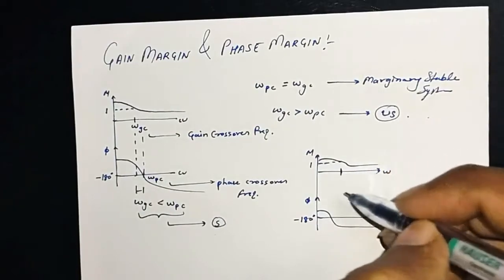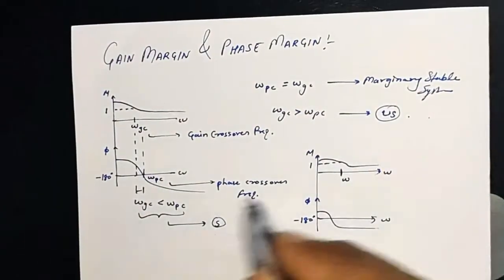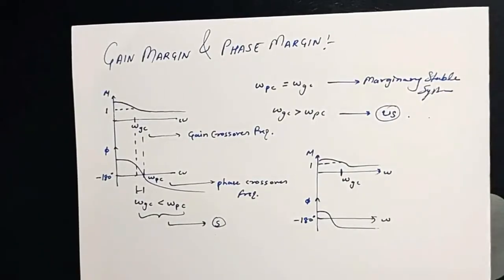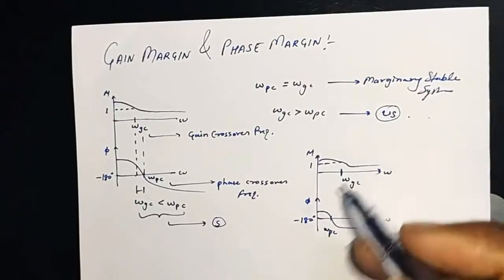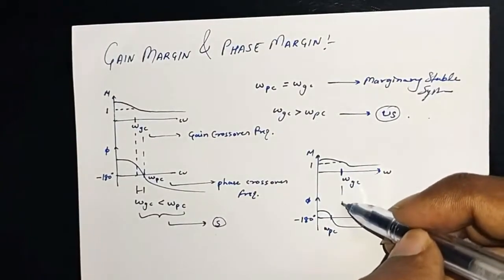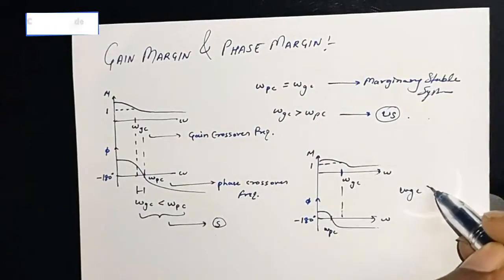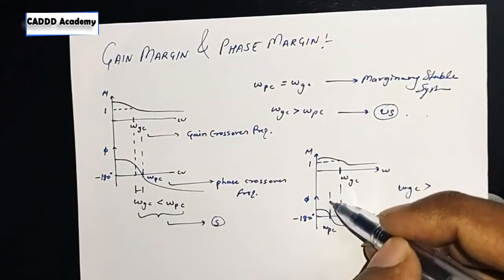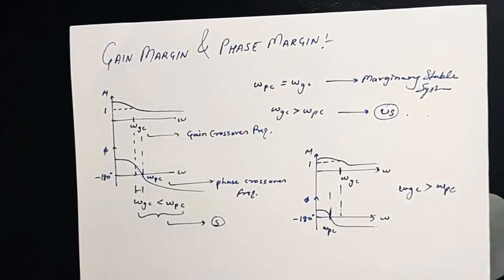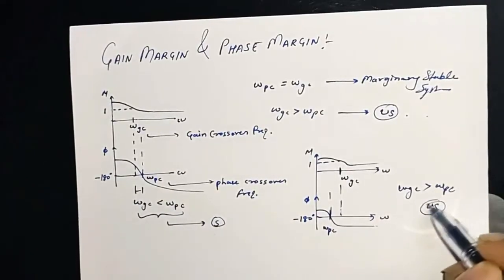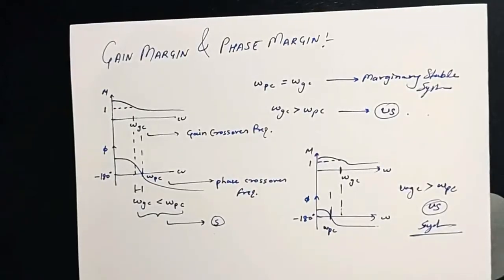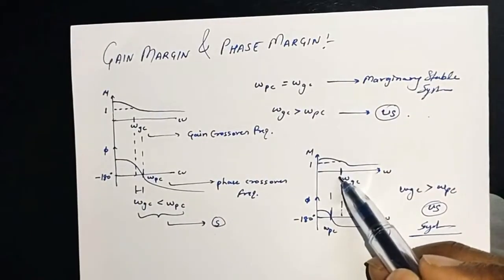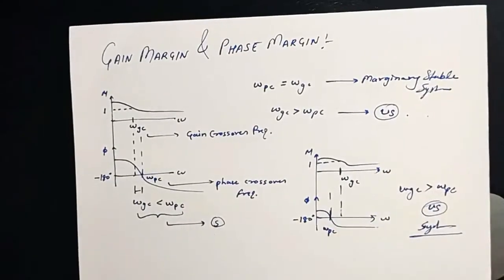So this is the omega GC, which is the gain crossover frequency, and this is the phase crossover frequency. Here you can observe that omega GC is greater than omega PC. So this system is what? Unstable system. And for marginally stable system, both omega GC and omega PC are equal.